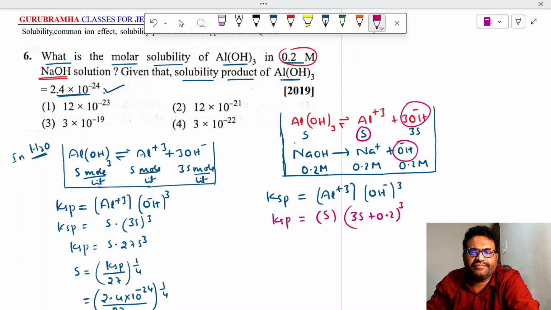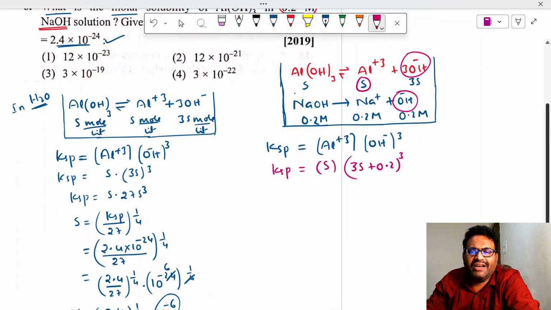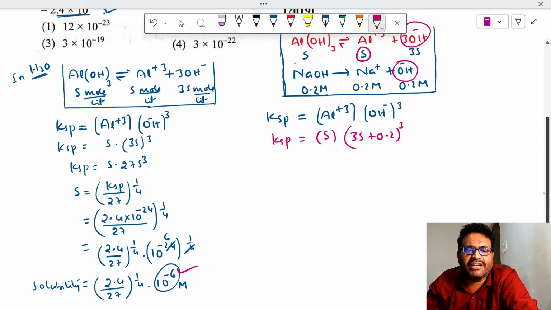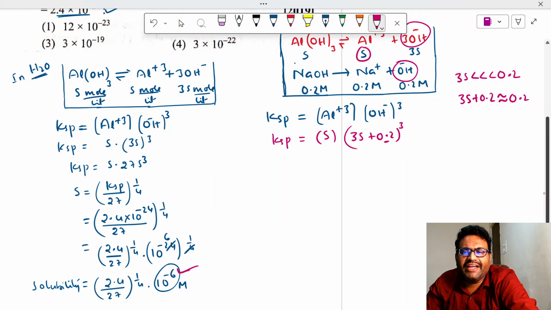Now, we have already calculated S. S is in the range of 10 power minus 6. Let us take 10 power minus 5. When you compare it with 0.2, 10 power minus 5 is very much negligible. So I can take 3S plus 0.2 as almost equal to 0.2, because 3S is very much less than 0.2.